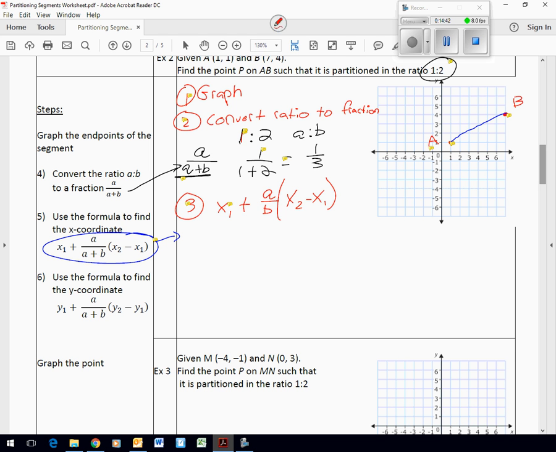What's the x-coordinate of A? 1. What was the fraction I'm dealing with now? 1/3. What's the x-coordinate of B? 7 minus 1. Are you with me on that? 3. What do you get when you get all that? 3. Okay? 3. Y is 2.